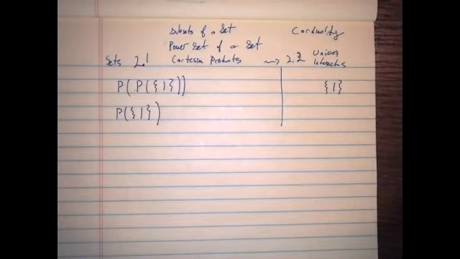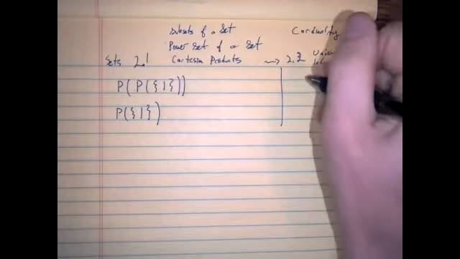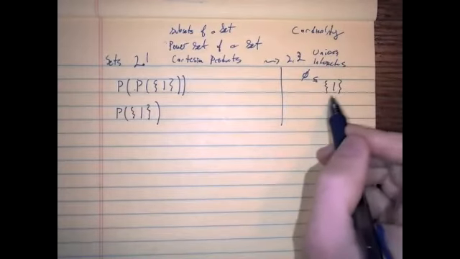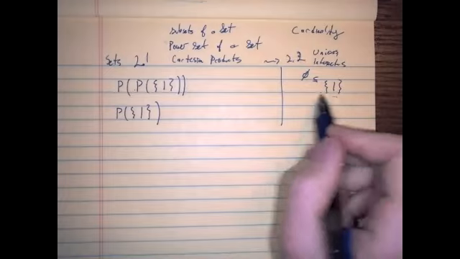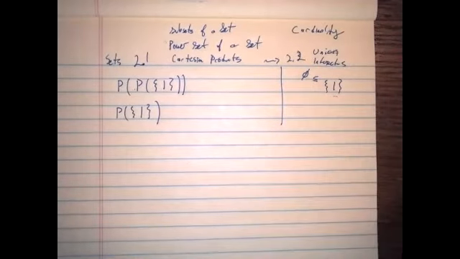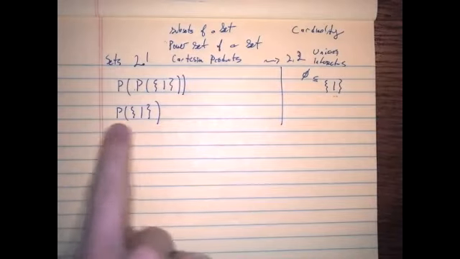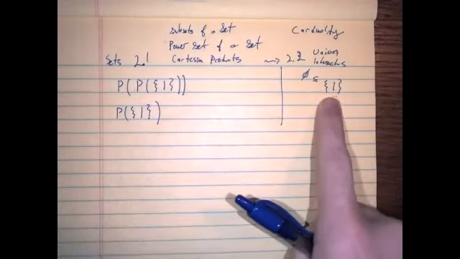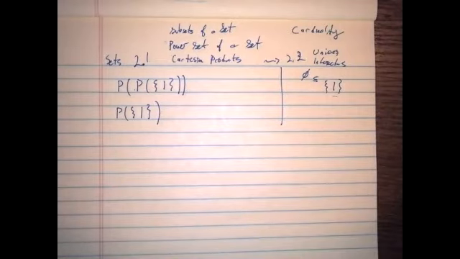What's always going to be a subset of any set? Yep, we always have the empty set as a subset of any arbitrary set that we have. So we know that the empty set will be an element in the power set of this set. What's another subset of this 1 element set?